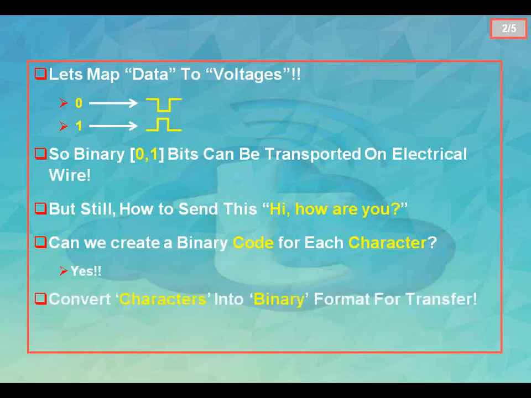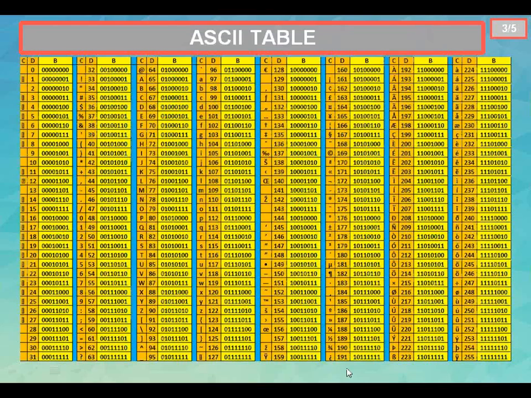So how to convert characters into binary format? There are multiple methods that are already implemented in the world. One of them is ASCII or UTF-8. What does ASCII propose?